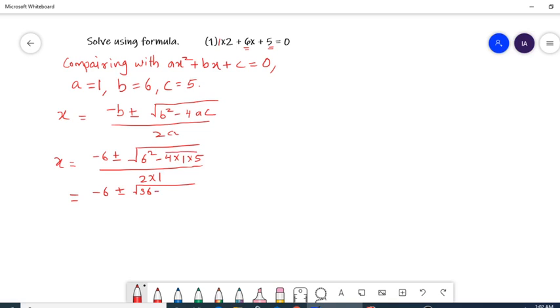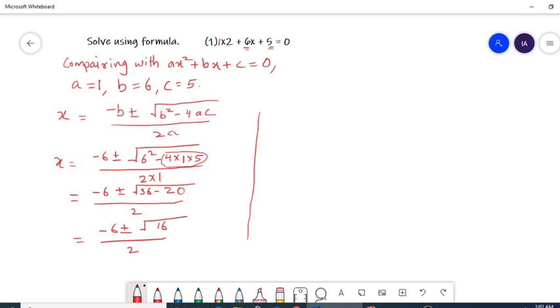So this part will give you minus 20, upon 2 ones are 2. So minus 6 plus minus root of 36 minus 20, how much? So you will get 16 upon 2.